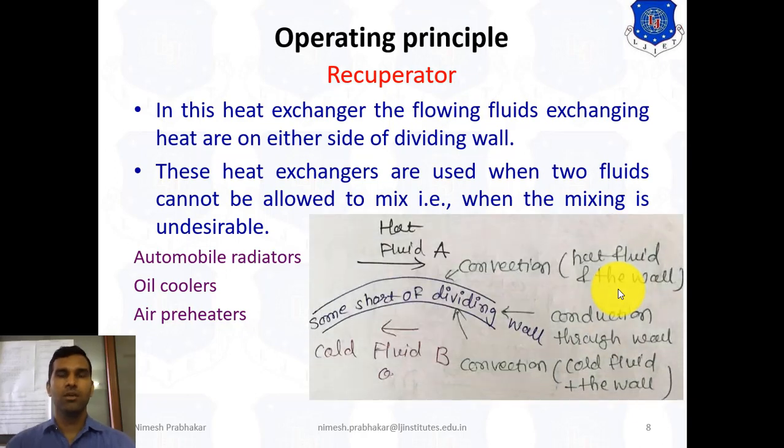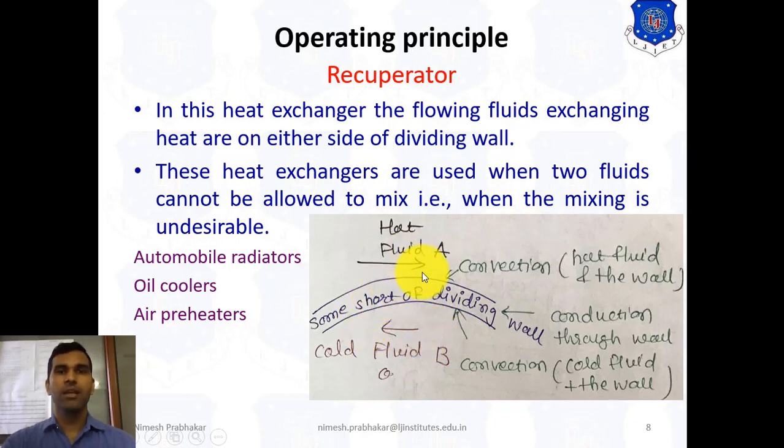Now to understand this, we take this example. Here there is a wall. This wall acts as a divider. Here is one fluid and here the second fluid. We consider this a hot fluid and give it the name A, and this a cold fluid, and we give it the name B. Hot fluid flows in this direction and cold fluid flows in this direction.